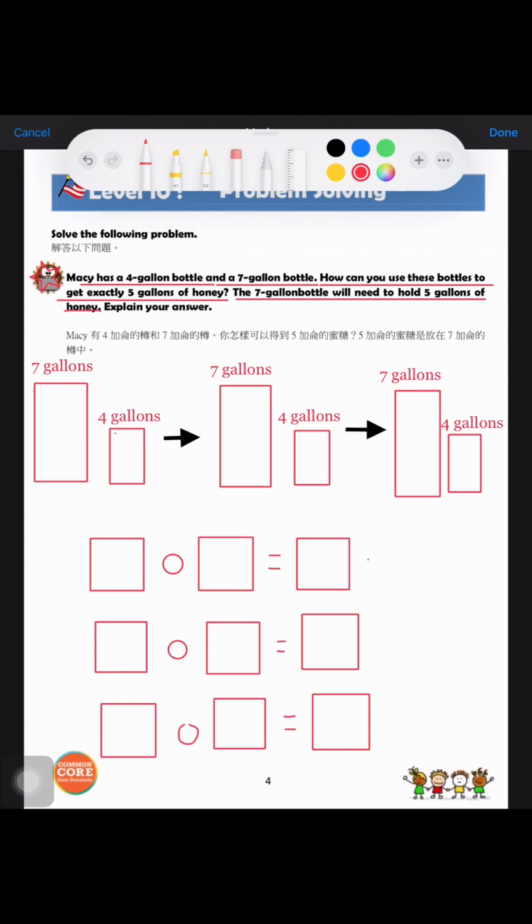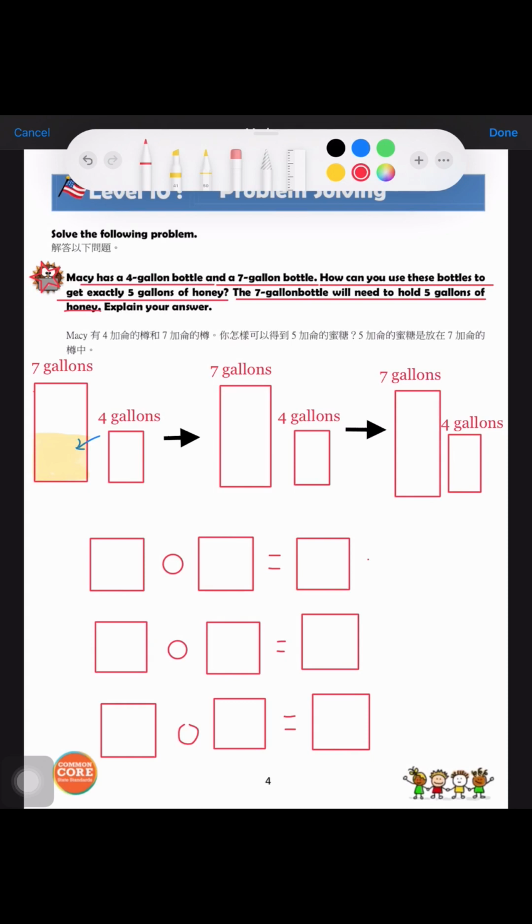So the way to do that is that we may fill the 4 gallons bottle up with honey. And then we pour it into the 7 gallons bottle. So that there are 4 gallons of honey inside the 7 gallons bottle.